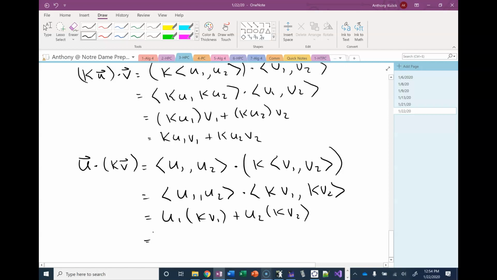And because u1, k, and v1 are all real numbers, it doesn't matter the order I do that multiplication. And similarly, u2, k, and v2 are all real numbers. It doesn't matter the order I do the multiplication, so I'm going to write them in those orders. And what we've done here is shown those first two things are equal, right?